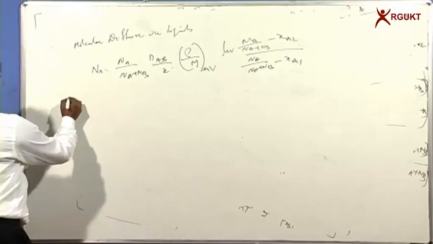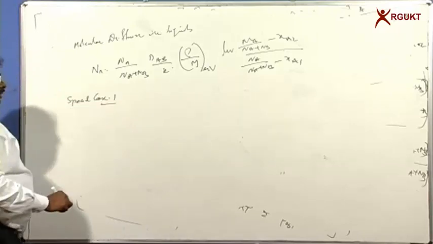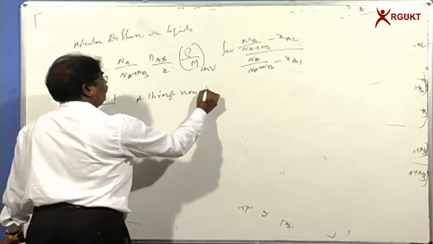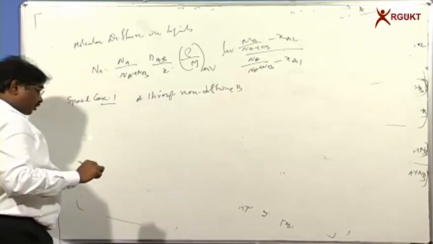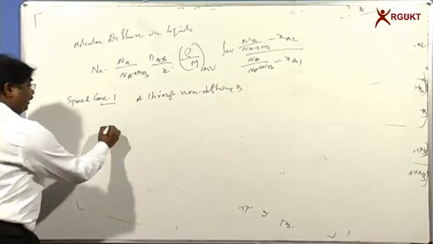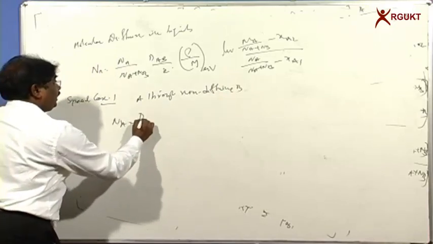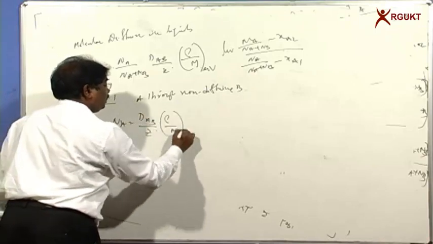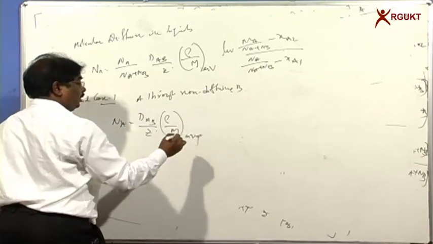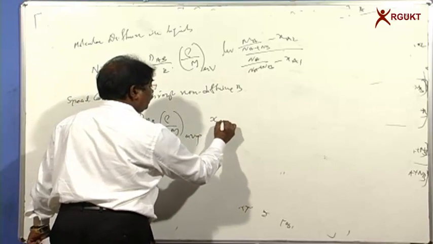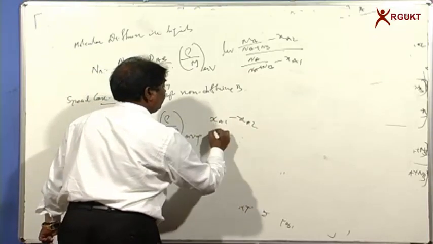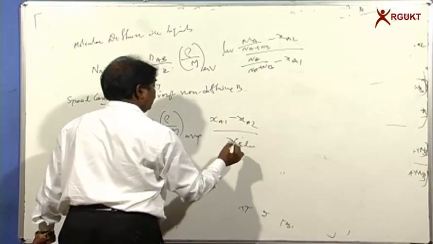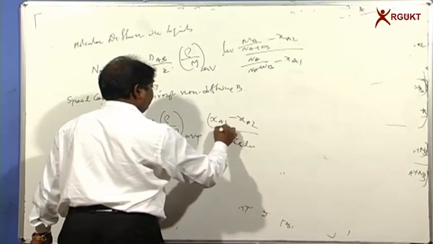So special case number 1 is nothing but A through non-diffusing B. In this case, your Na is equal to DAB by Z into rho by M average into Xa1 minus Xa2 divided by Xb ln, where Xb ln is the logarithmic average concentration for component B.